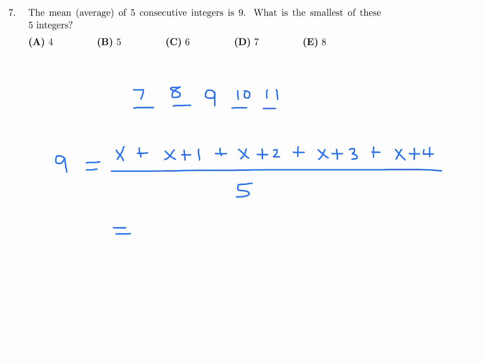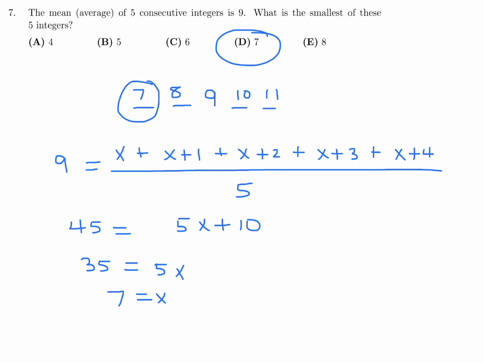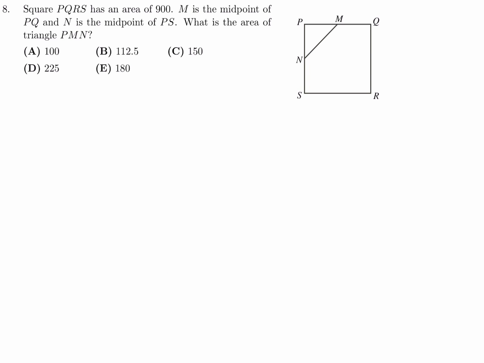So this numerator just becomes 5x plus 10, and then if you cross multiply the 5 and the 9, it gives you 45, and then 45 minus 10 is 35, which is 5x, and therefore x is equal to 7. So either way, you can figure out that the smallest of these 5 integers is 7. So number 7, the answer is 7, which is choice D.